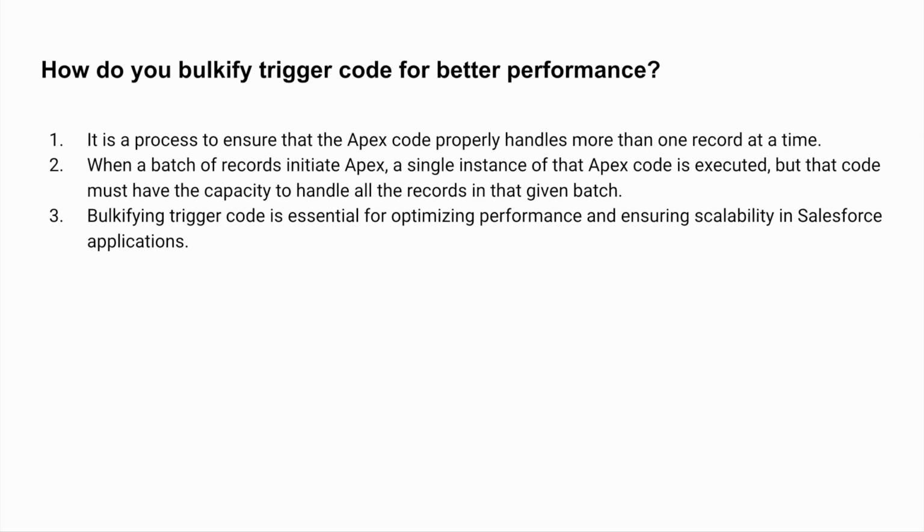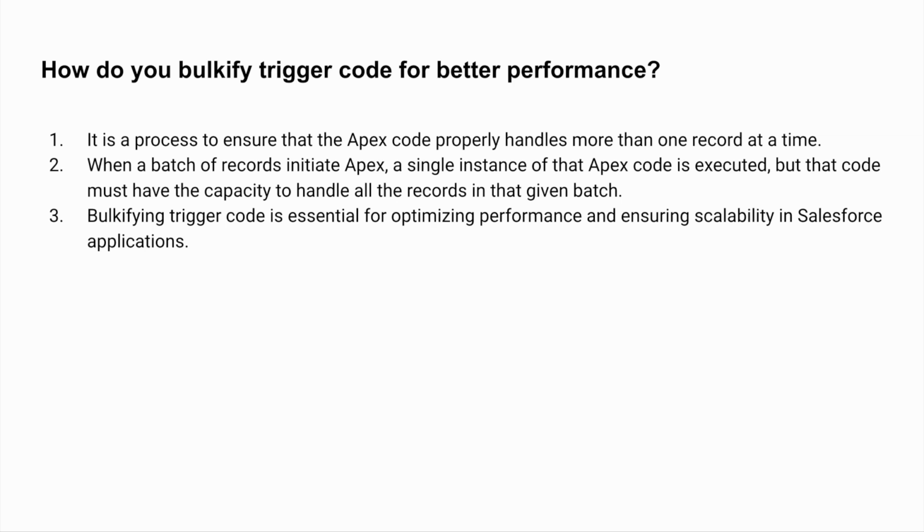It means that our Apex code should be able to handle more than one record at a time. That means it should not only be able to perform for one record or a small number of records, but it should be able to handle a large number of records or a large data set at a time.